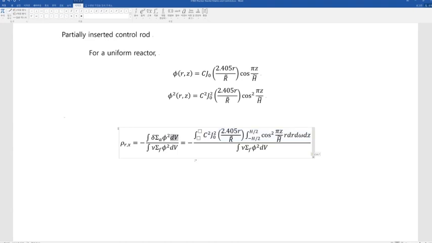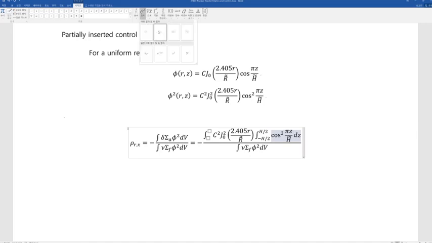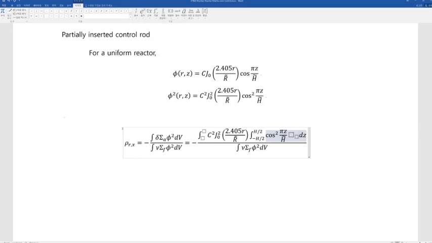So to calculate dV, we don't have any dependency here, so it must be AC. So AC is the cross-sectional area of the control rod.